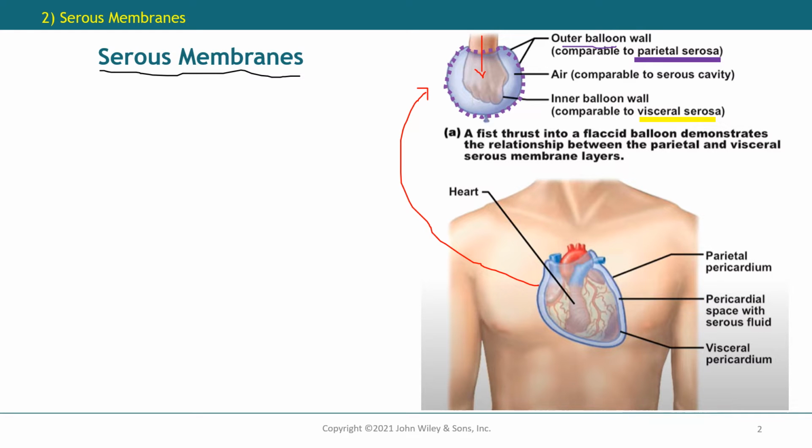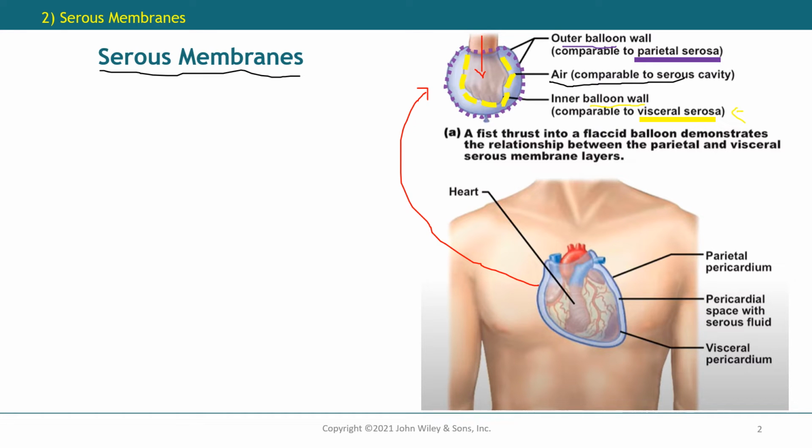You will not be in contact with that one. Then you will have air, and this is comparable with the serous cavity. And finally, on the inside, you will have the inner balloon wall, which is comparable to the visceral serosa.